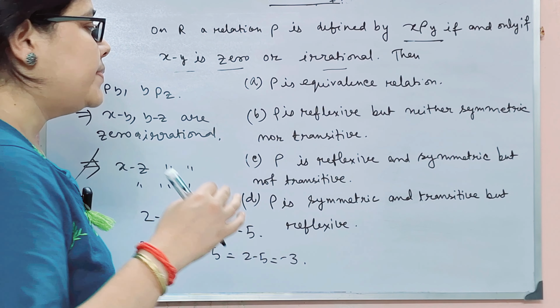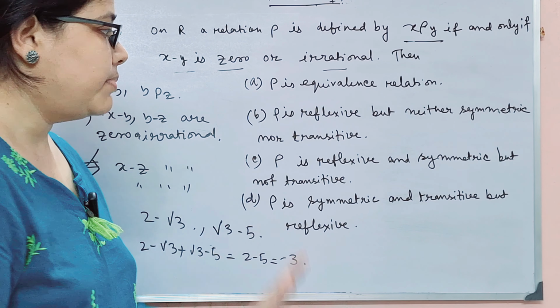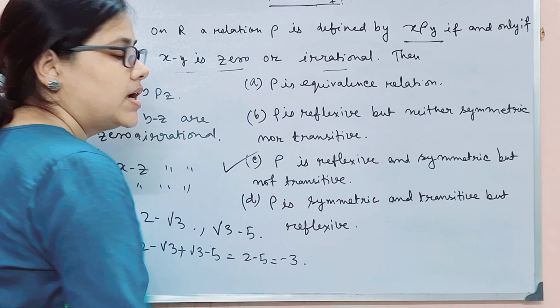So rho may be reflexive and symmetric but not transitive. This is the correct option.